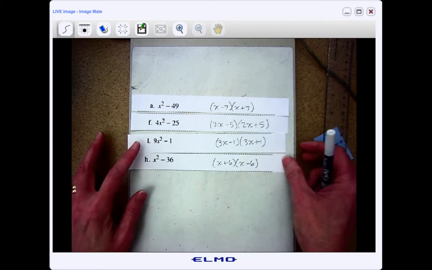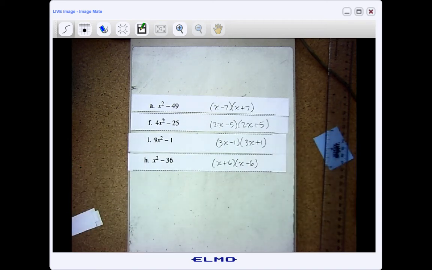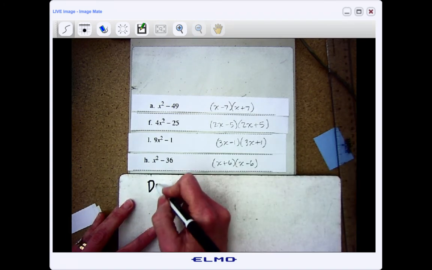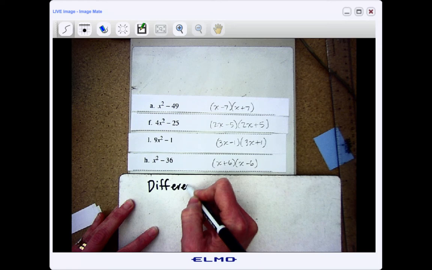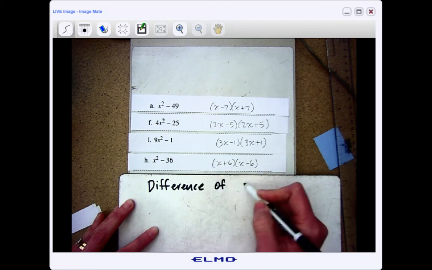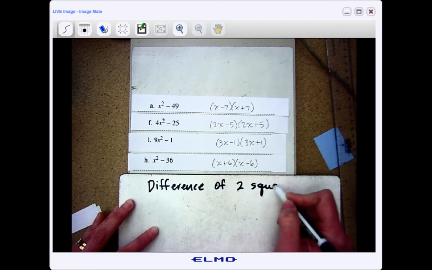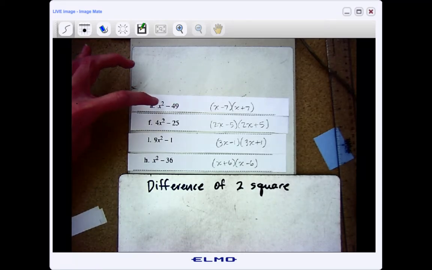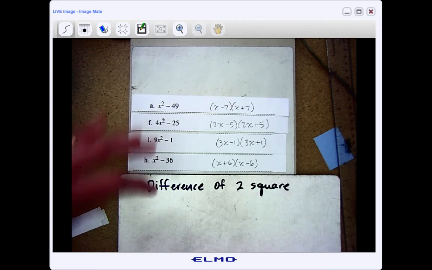So this factoring shortcut is when you see the difference of 2 squares. In order for this factoring shortcut to work, both of these have to be perfect squares and there has to be a subtraction.